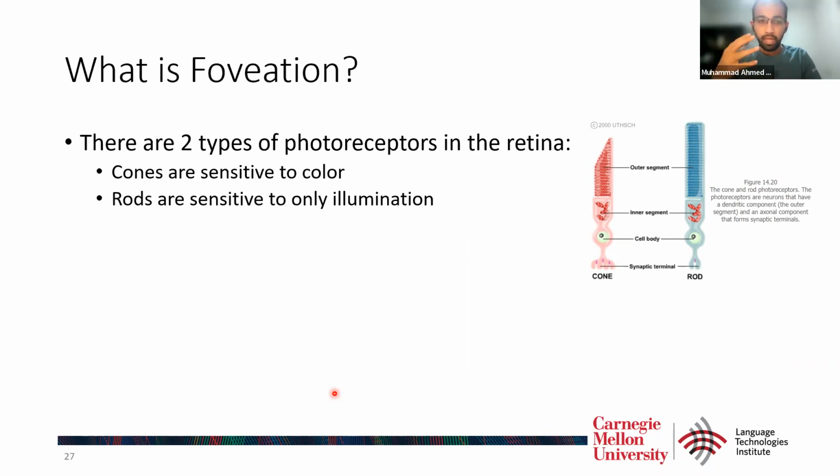These are not present in the center of the retina, but rather they are present in the peripheral regions. So these rods lead to grayscale vision because they're not sensitive to color. They are only sensitive to illumination, so it's like looking at things in grayscale or black and white.